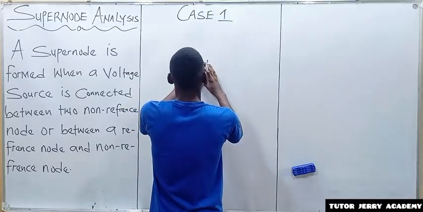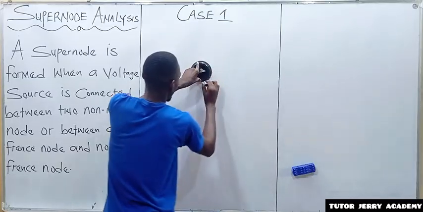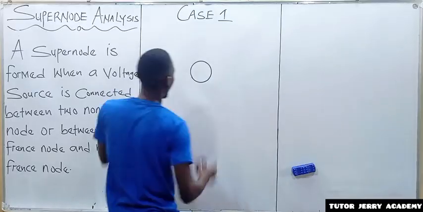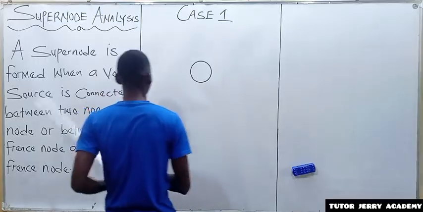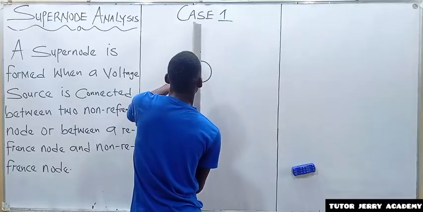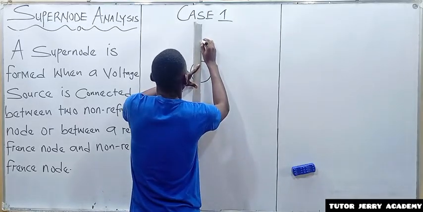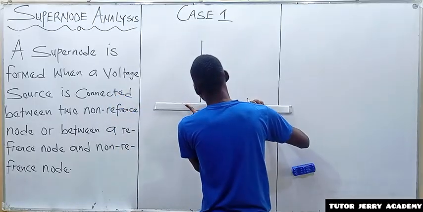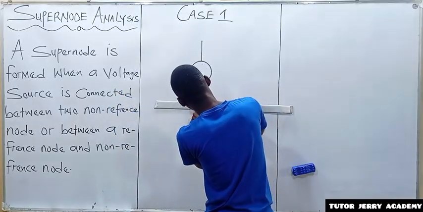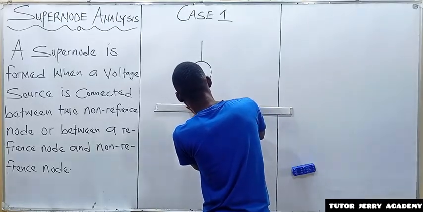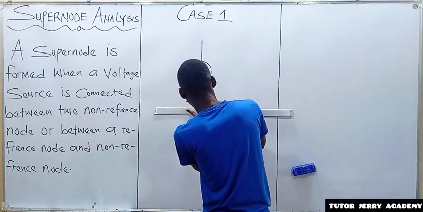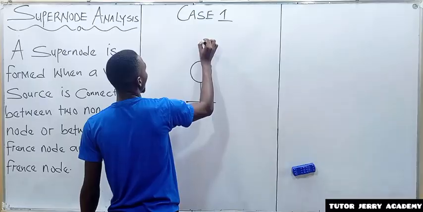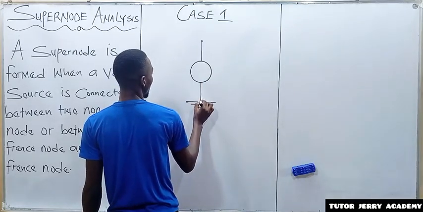So let's draw a voltage source. This place is a node, and this place is another node.